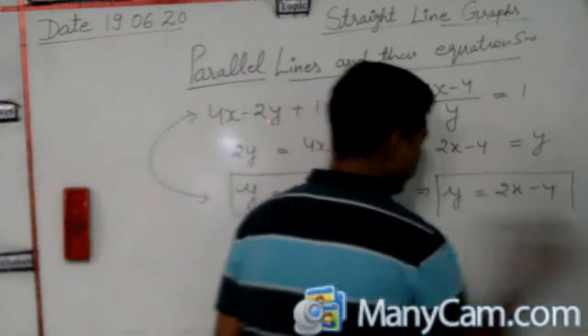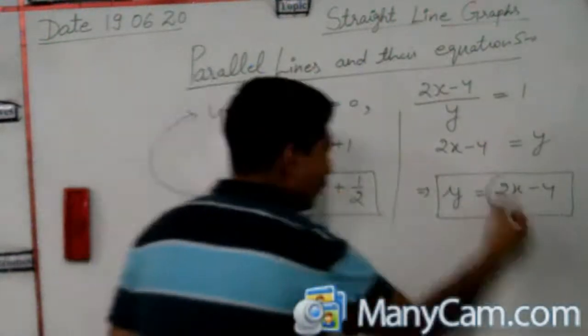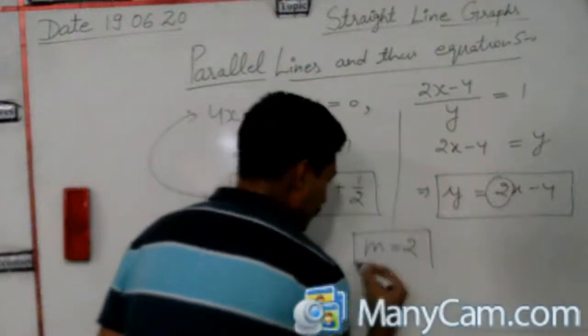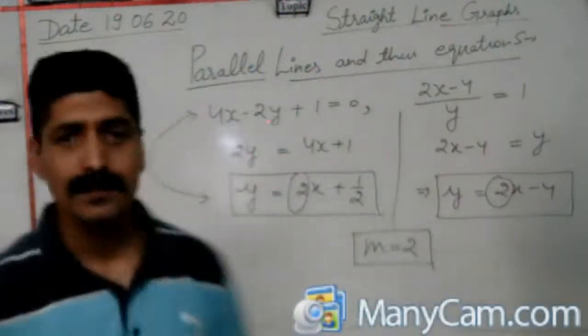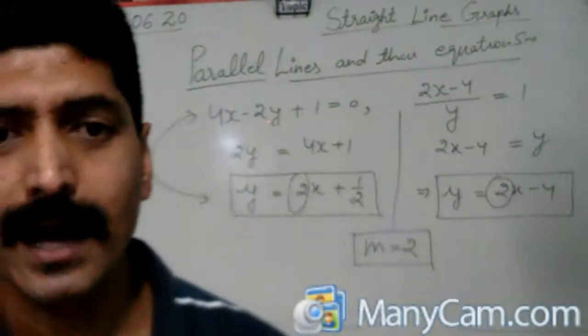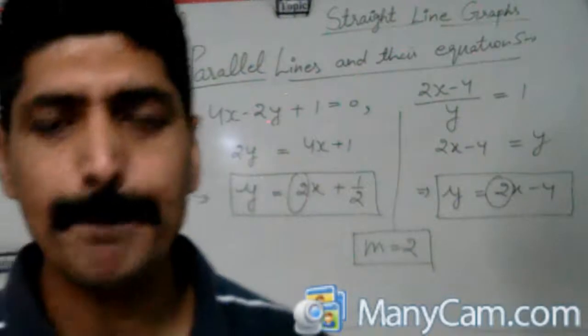So here the slope m is equal to 2. So we can say that both these lines are parallel to each other.